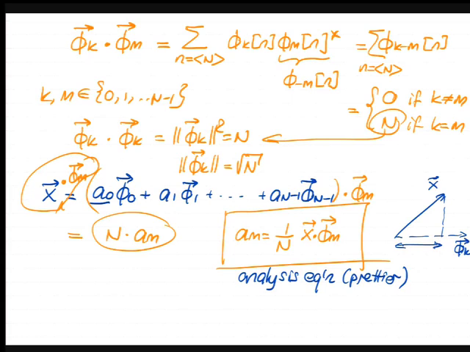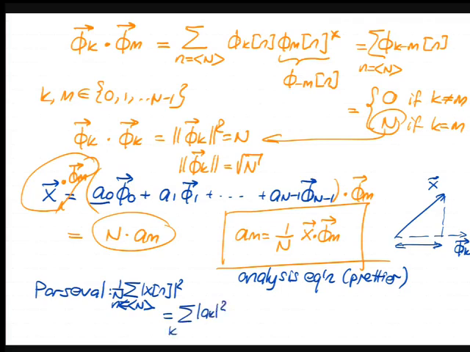And that weird Parseval. What did Parseval tell us again? Parseval said that x of n squared, when I add this over one period, if you divide it by n, unfortunately, is the same as ak squared.